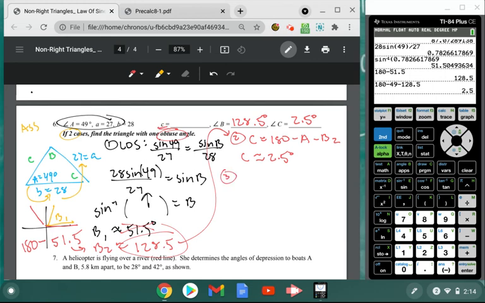And that just leaves me with side C to find. So step number 3, I'm going to do another law of sines. And I need to use an A ratio and a C ratio this time.